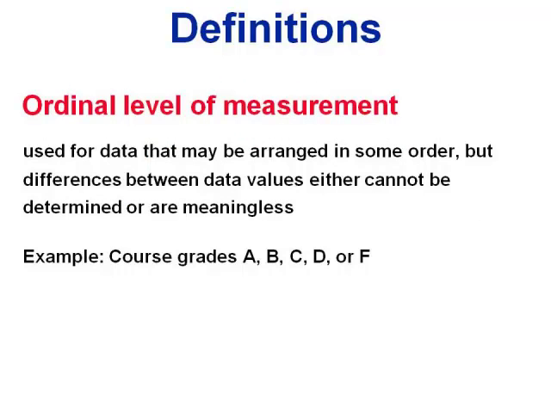The second level is ordinal measurement. You still can't do any mathematical calculations on these, but you can at least put them in order, like letter grades. Now, don't think about GPA, just think about the letters themselves. You do know that they go in a particular order. A comes first, F is last, but you can't actually do any calculations on them because they're just letters.